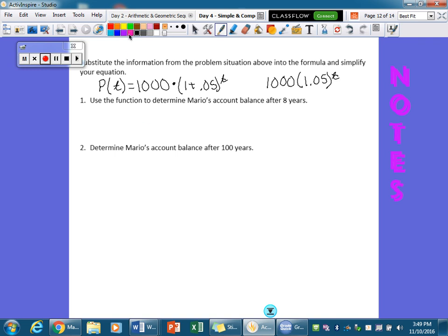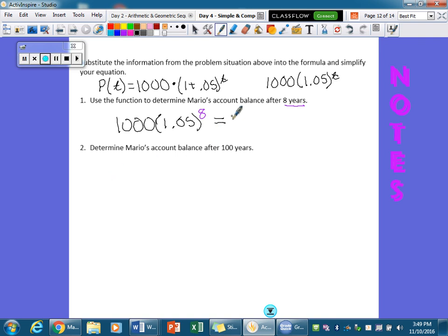So now my time is the same as the other one. We have 8 years, and that's my t. So I'm going to have 1,000 times parentheses 1.05 to the power of 8. And now I just type that in the calculator. Make sure you practice typing it in, because we haven't done too many of these before.